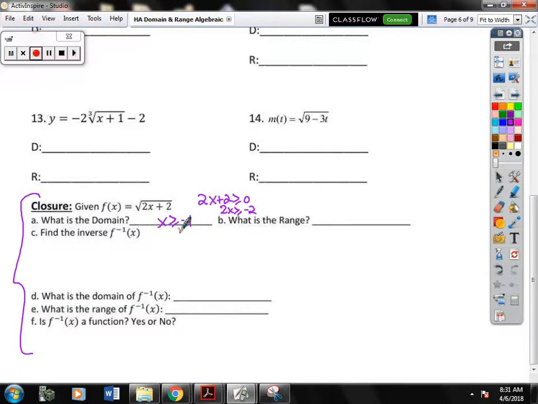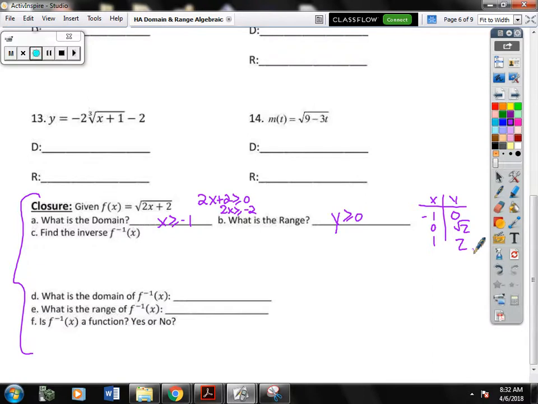Range is actually the harder part because you have to think about it. Jade? Very good. And doing your table of values, we'd have negative 1, 0, 1. Whenever you plug into those, you will see that you'll get 0, you'll get the square root of 2, you'll get 2, so you'll see that the y values are increasing. So that's why we use the greater than or equal to.